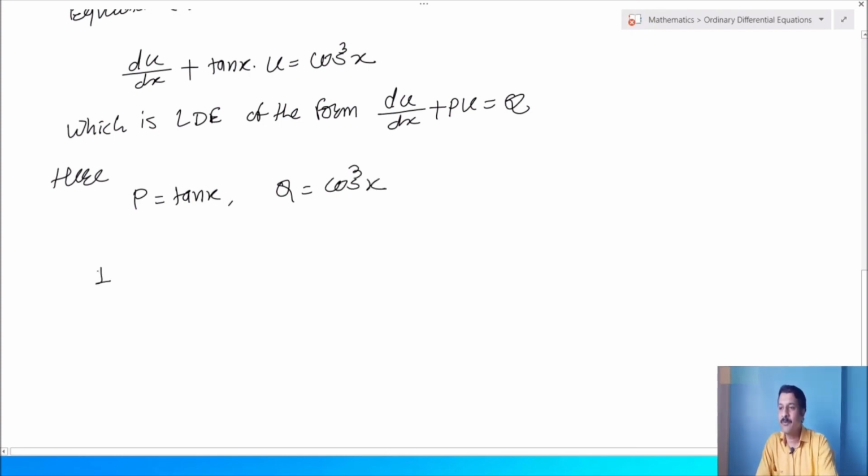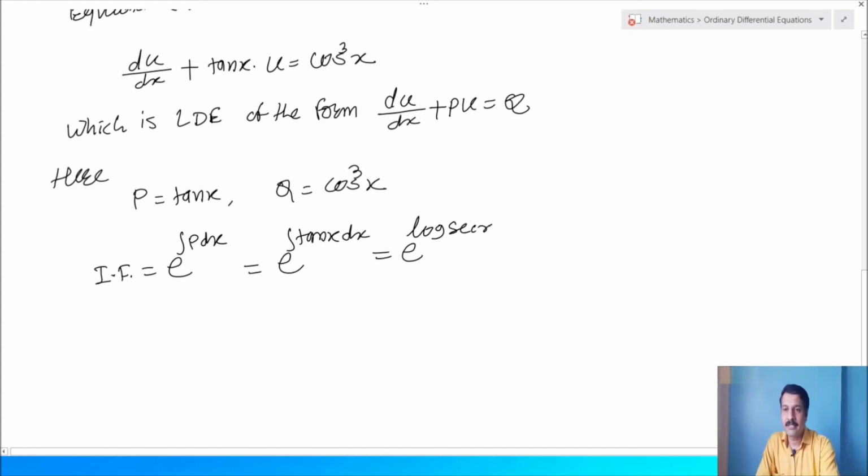And we know for the linear equation, you find the integrating factor as e raised to integration of p dx, that is equal to e raised to integration of tan x dx. What is the integration of tan x? It is nothing but log of sec x. So exponential and log get cancelled. So I am getting integrating factor equal to sec x.